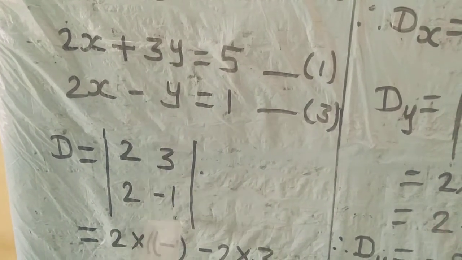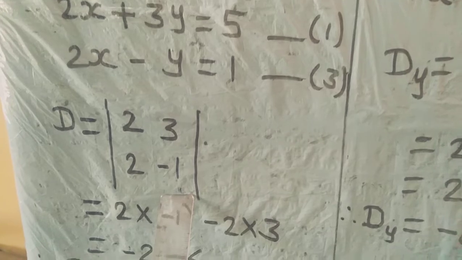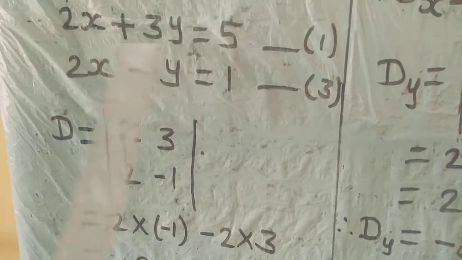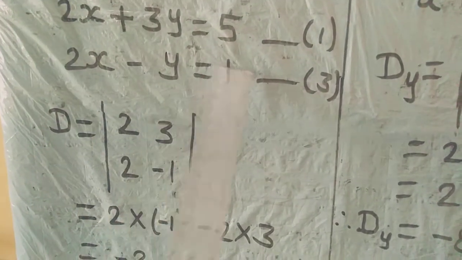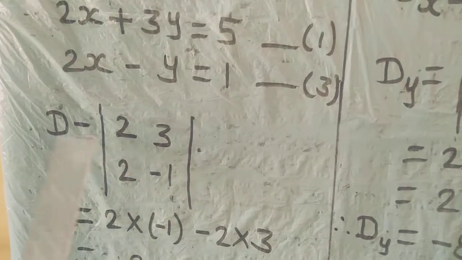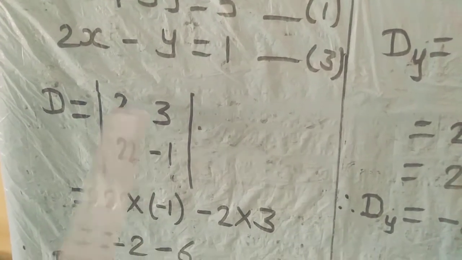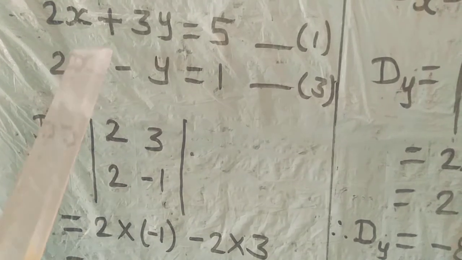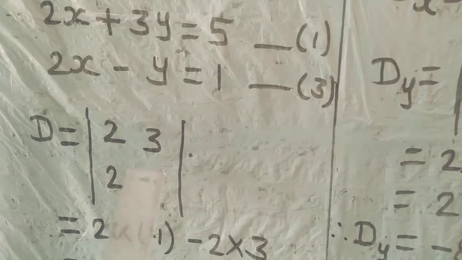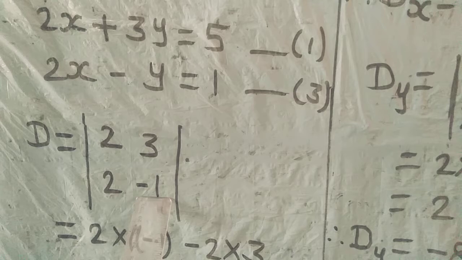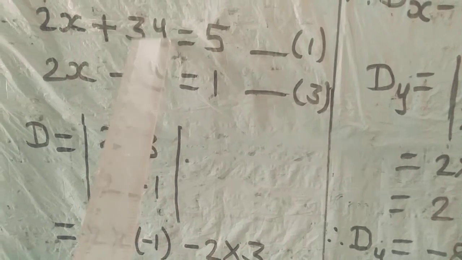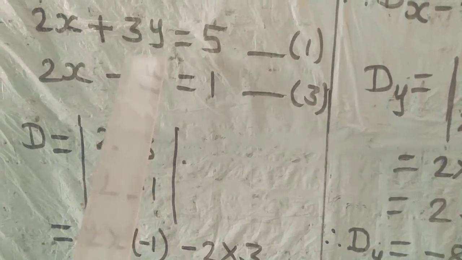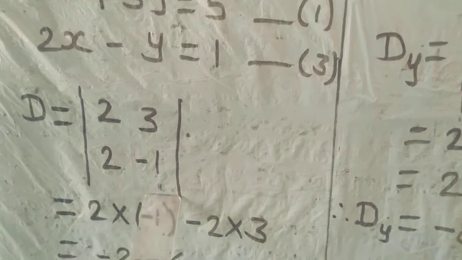So the coefficients of x and y of both equations give us determinant d. First column 2 and 2 forms from the coefficient of x, and second column 3 and minus 1 forms from the coefficient of y. Is it clear?